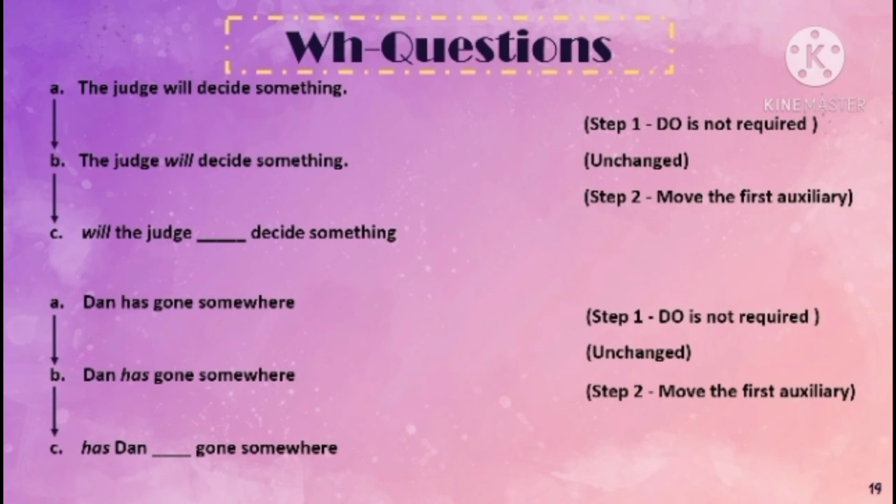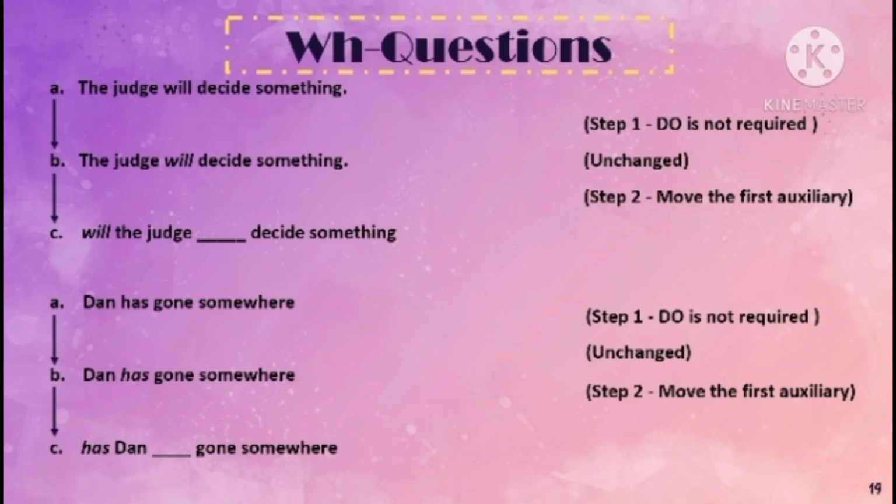The next declarative sentence that we have is the sentence "Dan has gone somewhere." Same with the previous sentence, we must first determine if it needs a do or it does not.